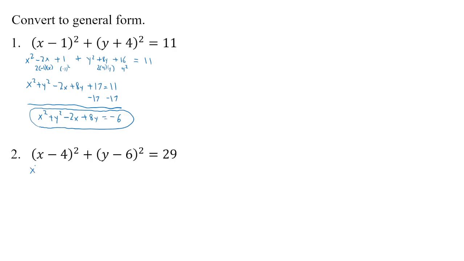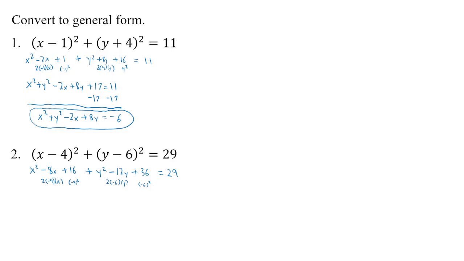So this would be x squared minus 8x, and this was 2 times negative 4 times x, plus 16, and that's negative 4 squared, plus y squared minus 12y, and that's 2 times negative 6 times y, plus 36, and that's negative 6 squared, equal 29.